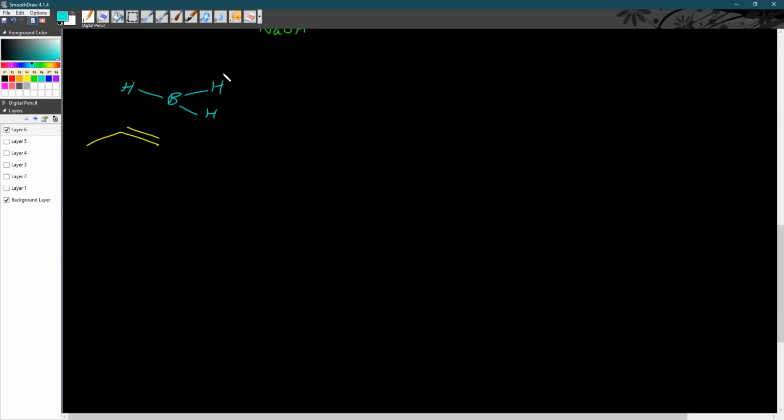And so what happens is that we know that this boron is flat, okay? It is sp2 hybridized. It is a flat molecule. And what happens is, just like an airplane, it comes in and it kind of hovers above our double bond, right? And this is the interesting thing that happens.